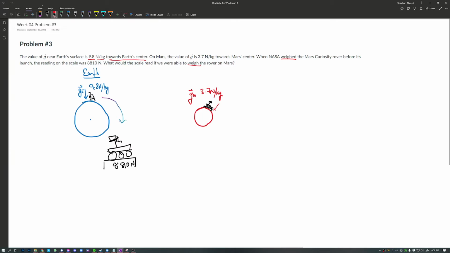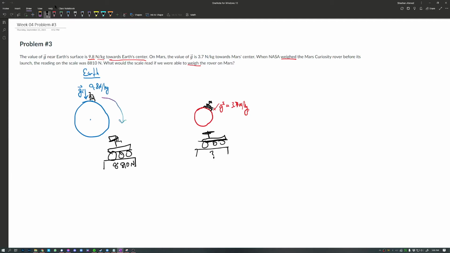It's towards the center. That's perfectly fine, right? This is G equals 3.7 newtons per kilogram. Doesn't always have to be on the top as we showed it on Earth. Same thing's happening over here. It is standing on a scale.